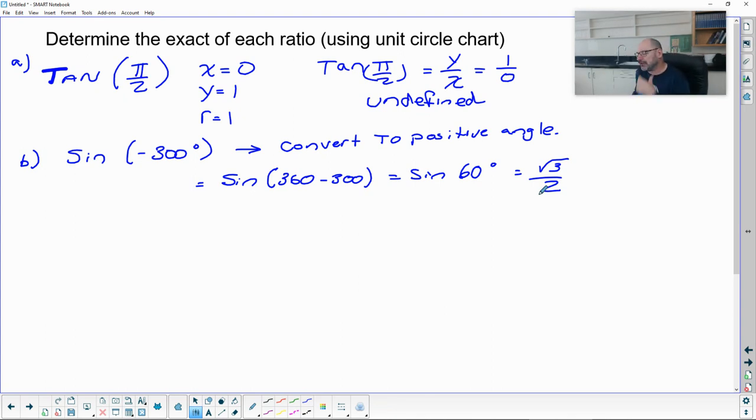What if you get a reciprocal identity? Notice that reciprocal identities are not on here. You just use the formula. So let's say I had the cosecant. Let's try cosecant of 7 pi over 6 radians.